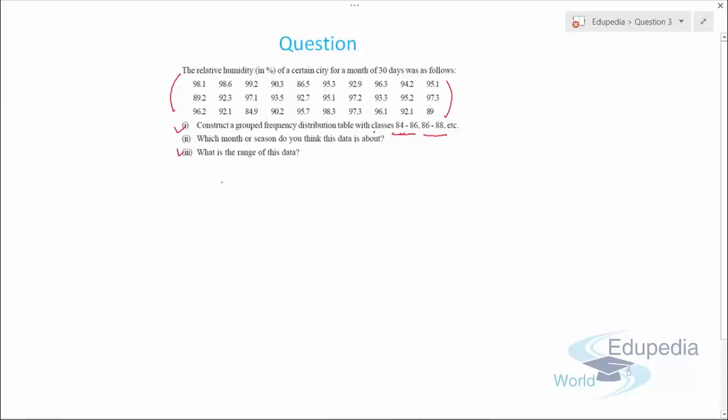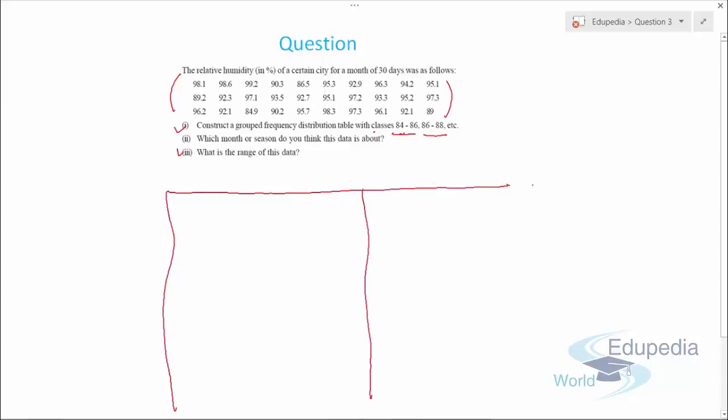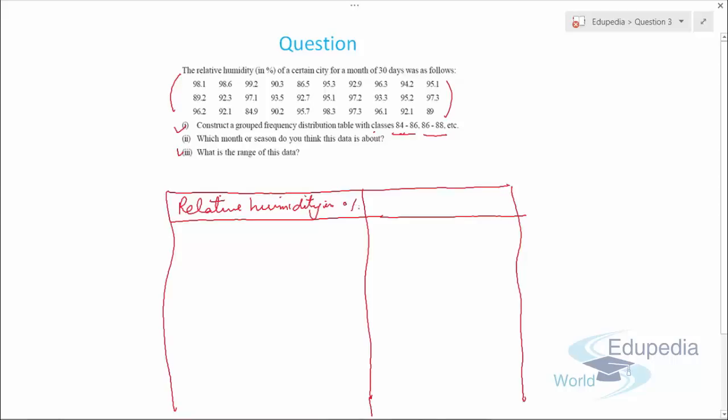So let's draw the tabular form first. So let's say we have a table like this, and let's say we write relative humidity in percentage, right?